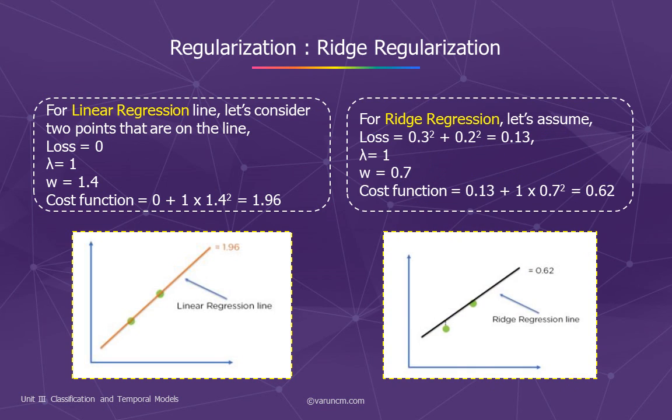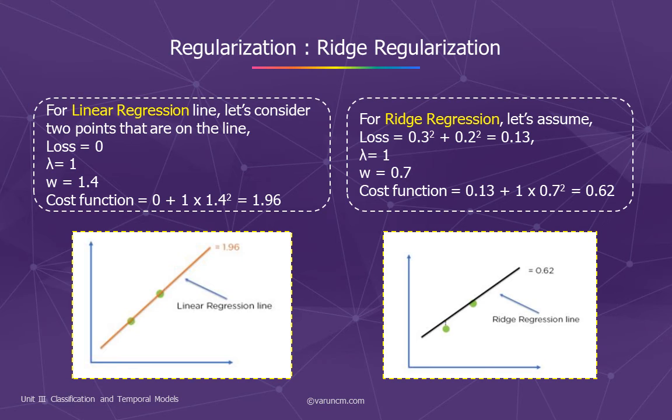For the same example, if we go for ridge regression, the loss is 0.3 the whole square plus 0.2 square, which is 0.13. As the line will not pass through all the points, there may be loss.